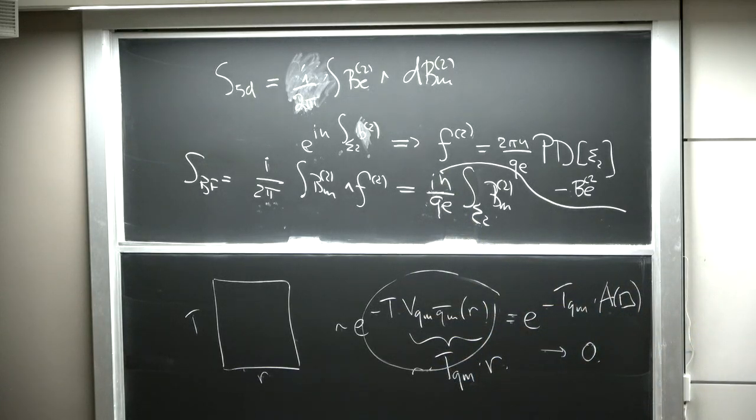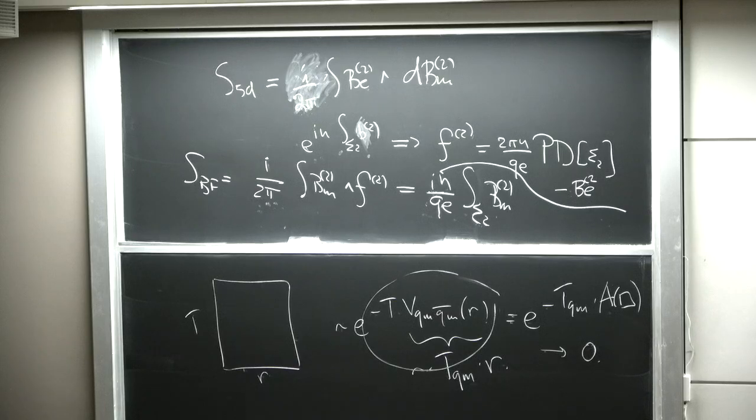Okay, very good. Now I'm going to have to make a crucial choice about what to skip and what to cover. I think in view of time, I'm going to skip the discussion I had intended about gauging subgroups of the electric and the magnetic symmetry.